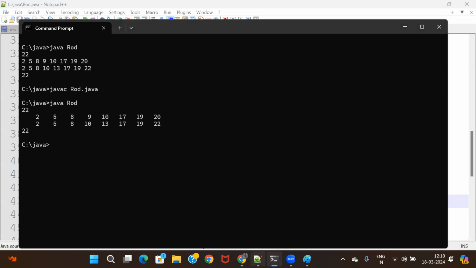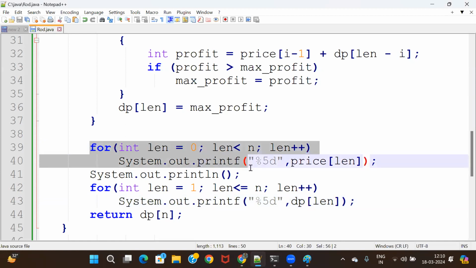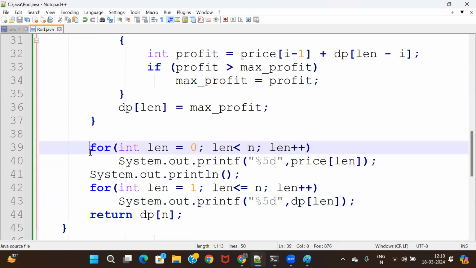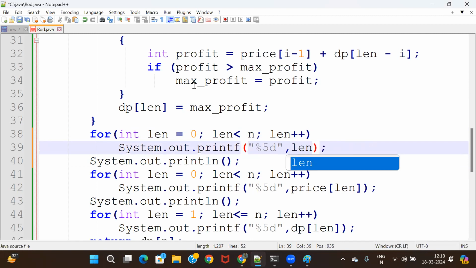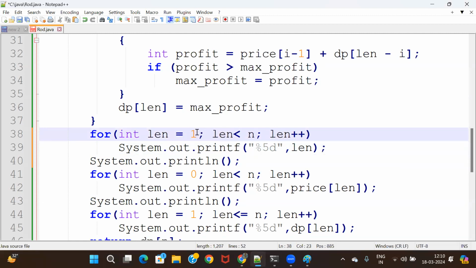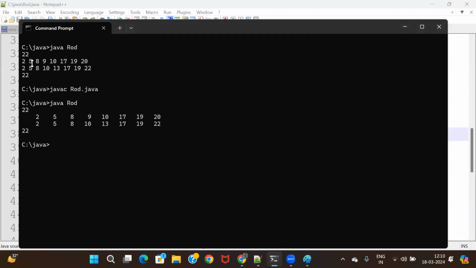And we print one more. We print length as well. The first is length. Length varies from 1 to 8. See, this is only for demonstration of the solution.